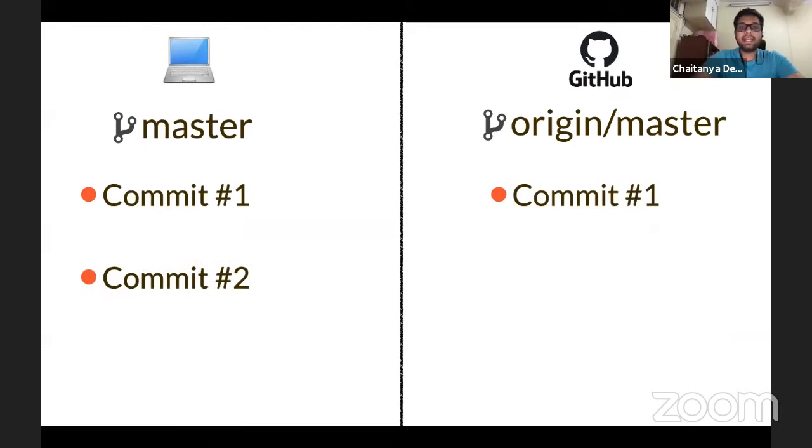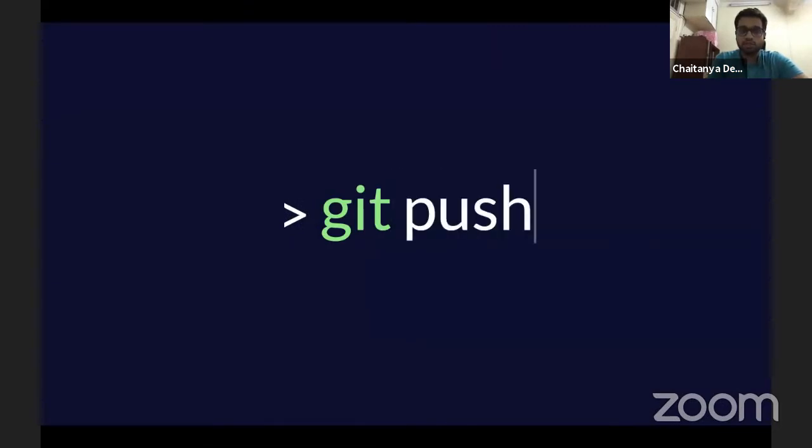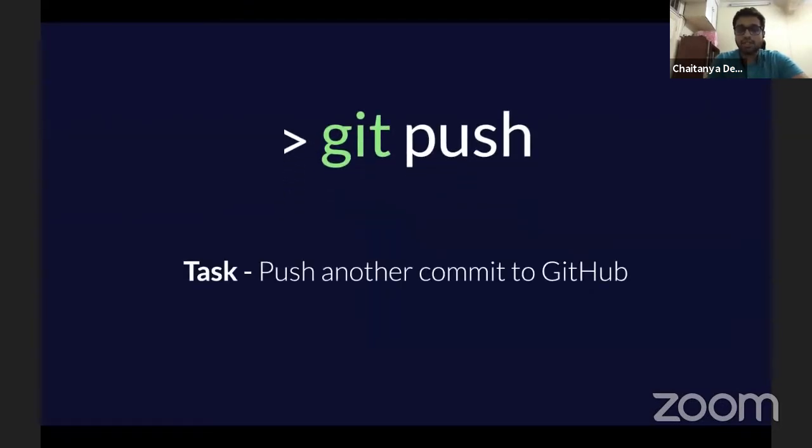That commit will be created on master, on my local repository, on my laptop, but it still won't be there on GitHub. So how do I take this from my laptop and push it to GitHub so that both of them are in sync? I use git push. So let's try and add another commit to GitHub.